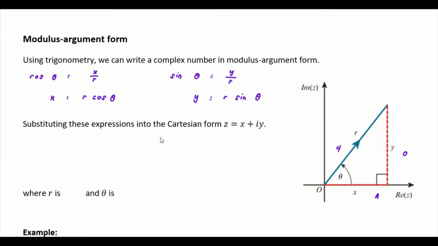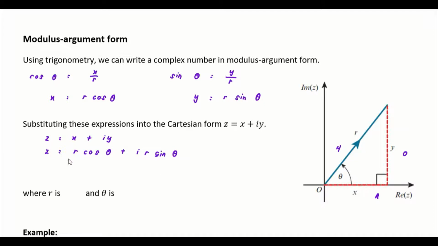Now let us try to substitute. We have z equals x plus iy. After we substitute, we get z equals r cos theta, plus i times r sine theta.